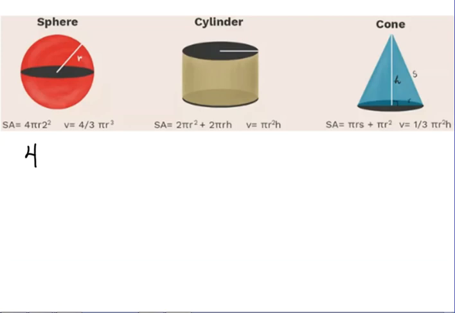So for a sphere, it's 4 pi r squared. That's your surface area, 4 pi r squared for a sphere. For me, the easy way to remember that is pi r squared is the area of a circle, right?